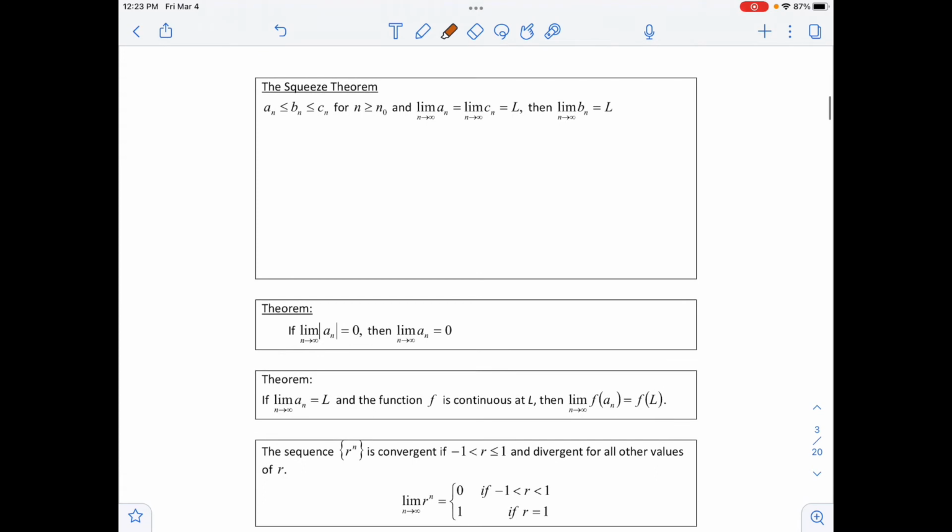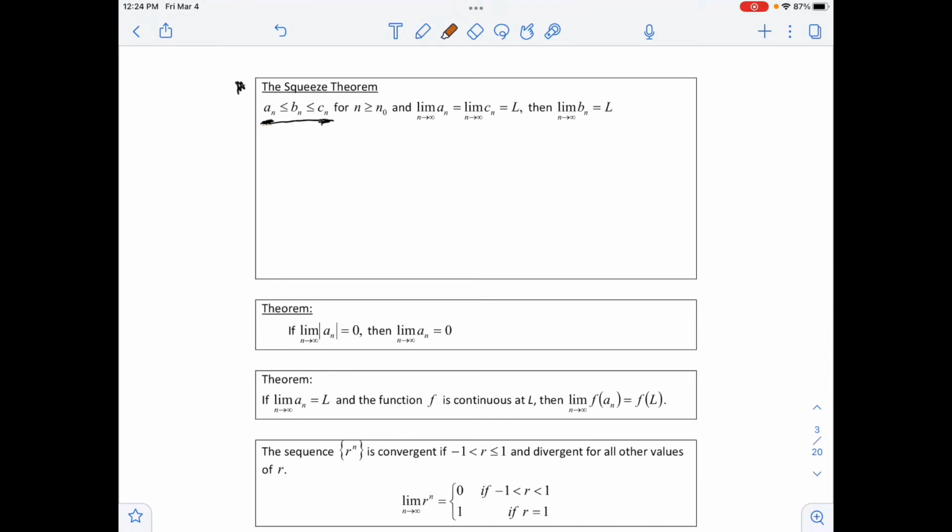So at the top of the next page, we talk about a special theorem. This is called the squeeze theorem. And the squeeze theorem states that a_n is less than or equal to b_n, which is less than or equal to c_n. So our sequence b_n is bounded by a_n and c_n for n greater than or equal to n naught.